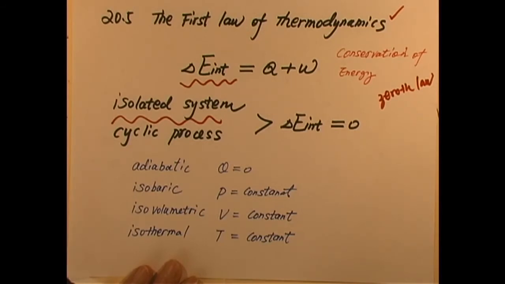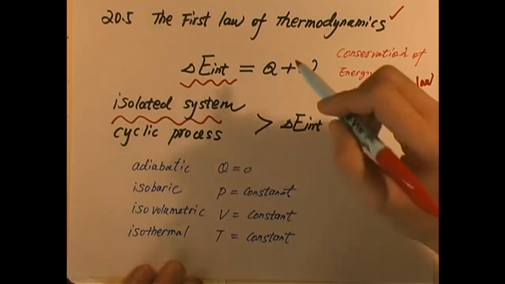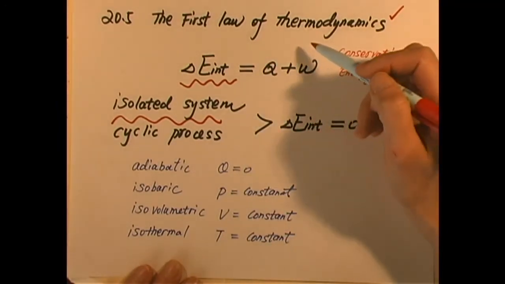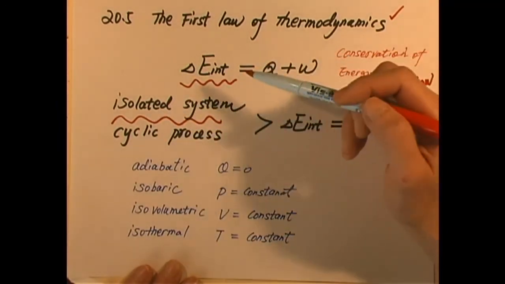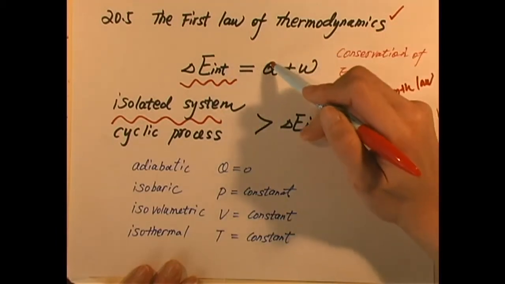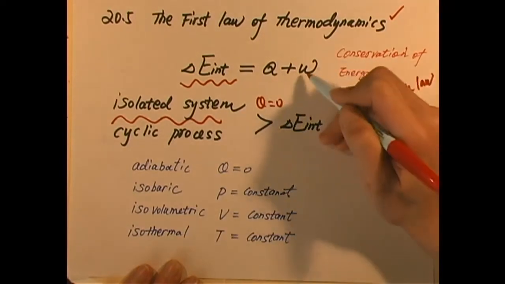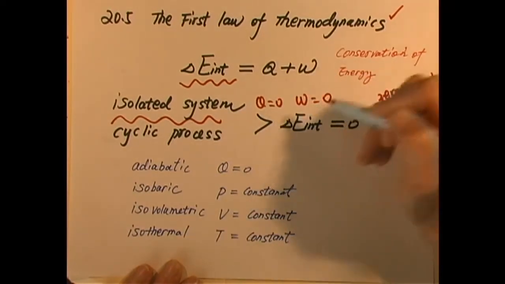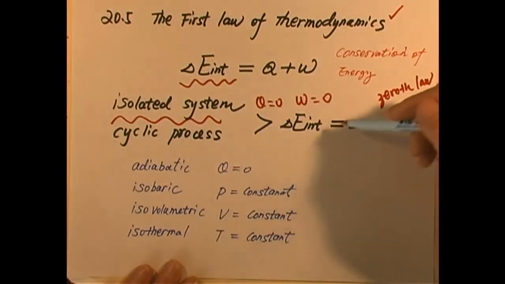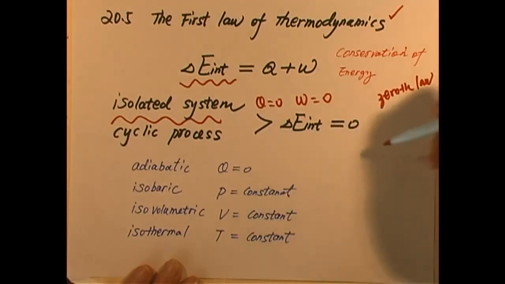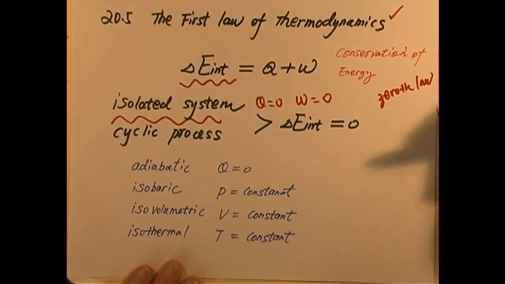The change of internal energy is due to the heat added to it and the work done to it. So for an isolated system, by definition there's no heat change, which is Q equal to 0, and no work done, and then according to this, delta E will be 0. So delta E equal to 0 means the internal energy doesn't change.